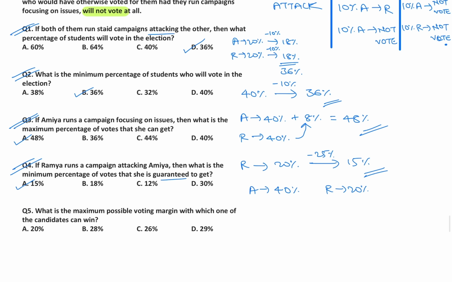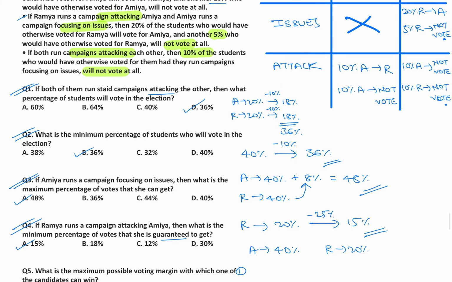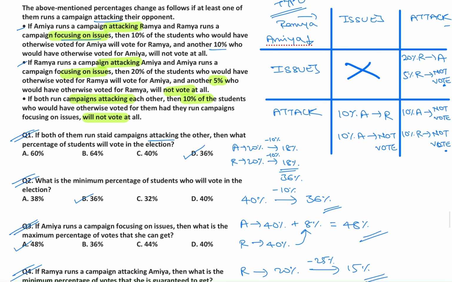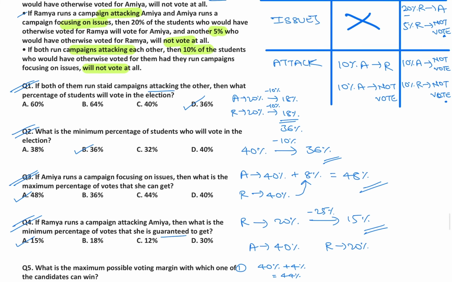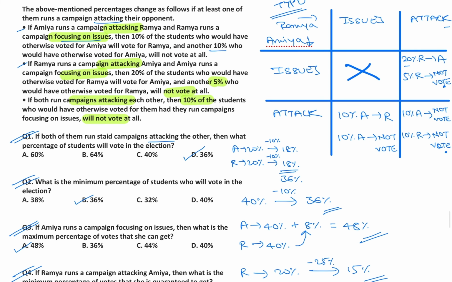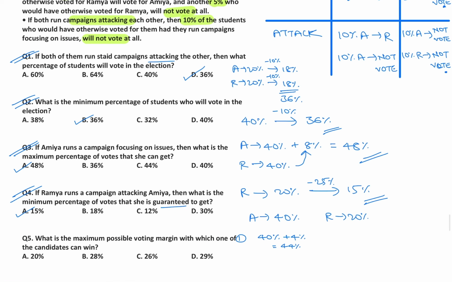Let's take the first case, where Ramya is attacking and Amya is focusing on issues. So 20% of Ramya is getting redirected to A. I already have 40% here, and 20% will get redirected here. This will be plus 4%, which will be 44% in total. And 5% of R will now not vote.